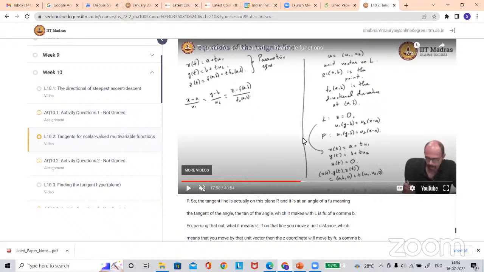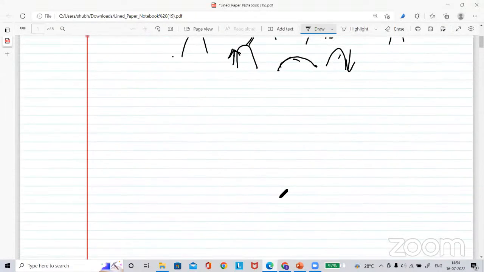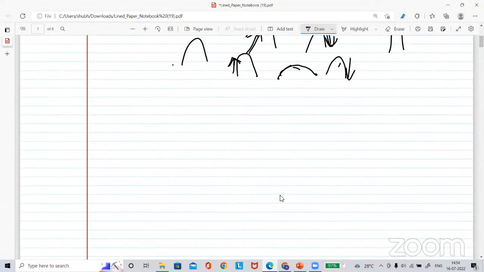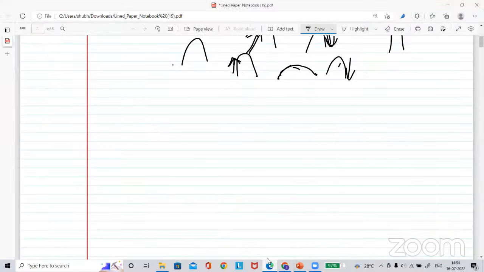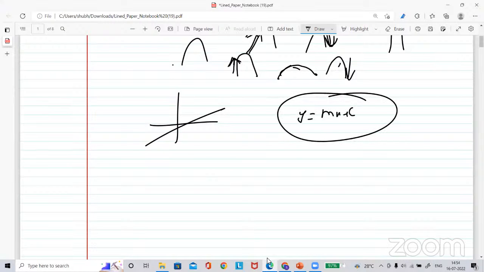In 2D also, in the last session Subhajit told you what this means. My question is: in R2 you are able to get the equation of a line like y is equal to mx plus c, with a relation like this.